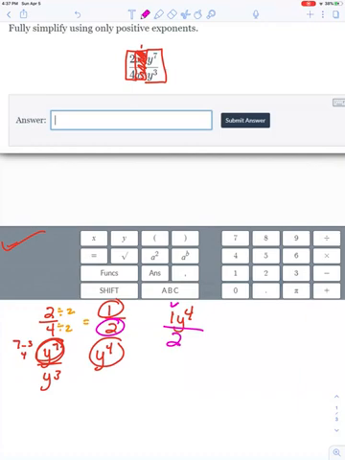So, I'm going to go up to the answer box, and how I would type this in is I would click 1, and then I'm going to click this button. Okay, and I'm going to type y, click an over arrow, and then type 4.